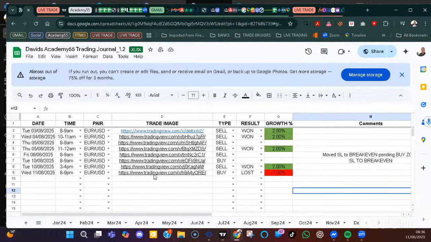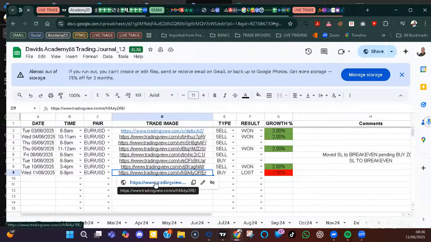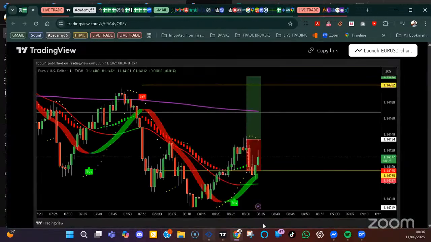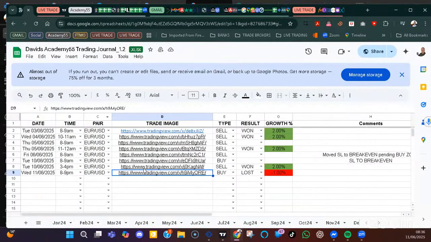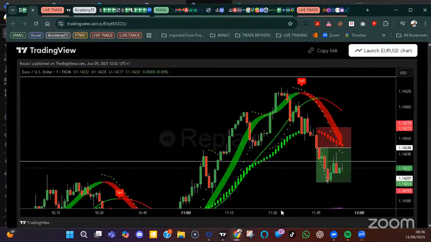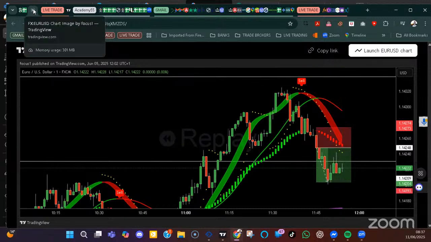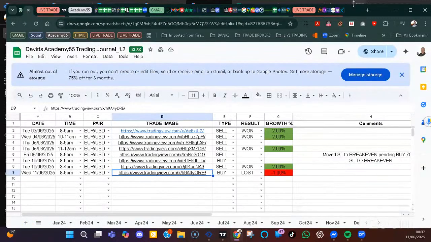So there is the screenshot that I put in there. They're all screenshotted, like yesterday's. Let's choose that one. And there's a screenshot of a sell trade that I took. Like I said, they're all screenshotted and they are all videoed for you to watch in the back office of Academy 55.